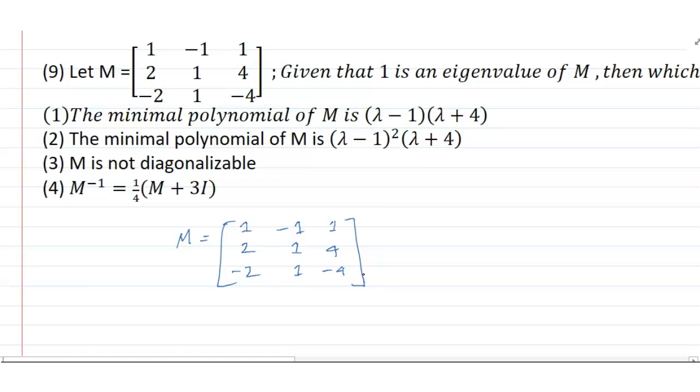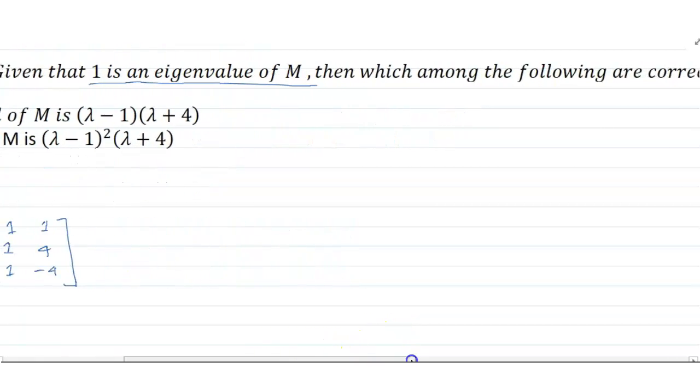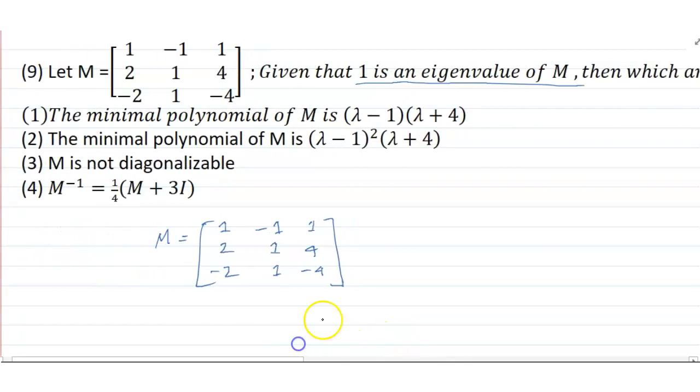These are the M values. Now I have to find out, given that 1 is an eigenvalue of M, which among the following are correct?